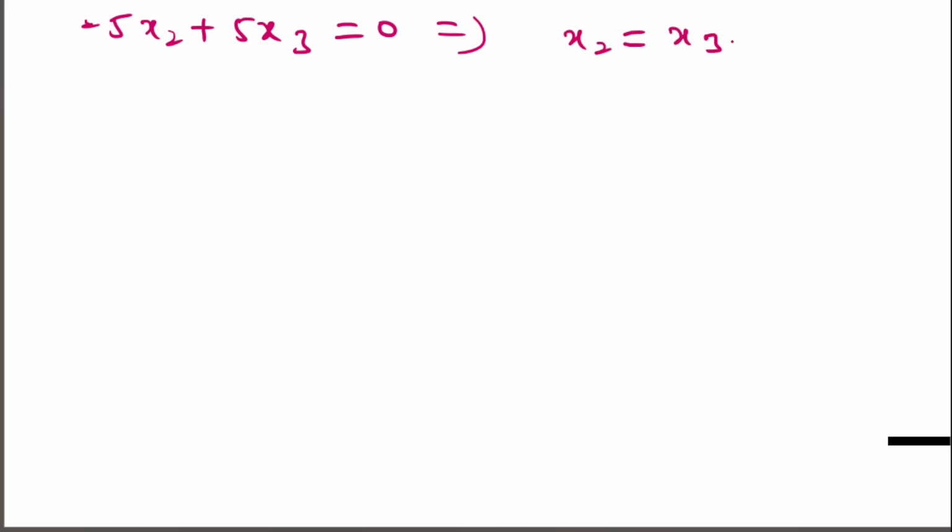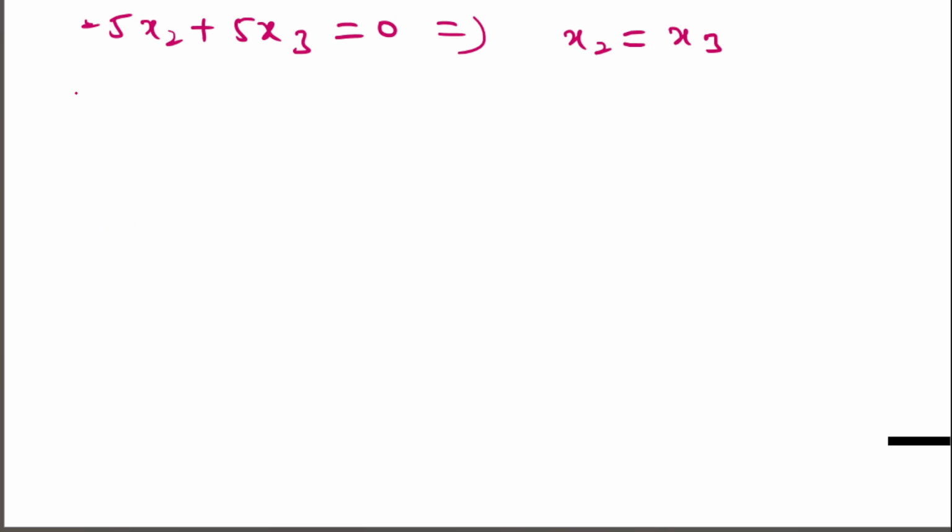The first equation is minus 5x2 plus 5x3 equal to 0, which implies that x2 equal to x3.